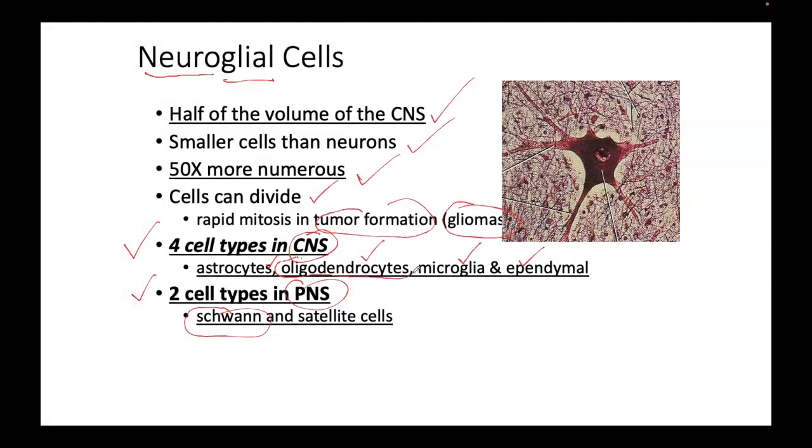And I'm going to circle oligodendrocytes here because those are very, very similar in terms of function as the Schwann cells. We know what the Schwann cell does, so then we know what the oligodendrocyte does, except it's real estate, location, location, location. Where is it going to do what it does?